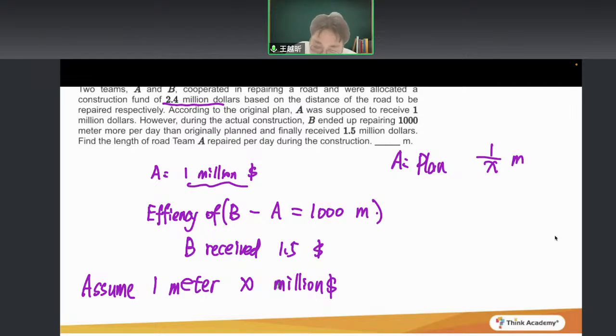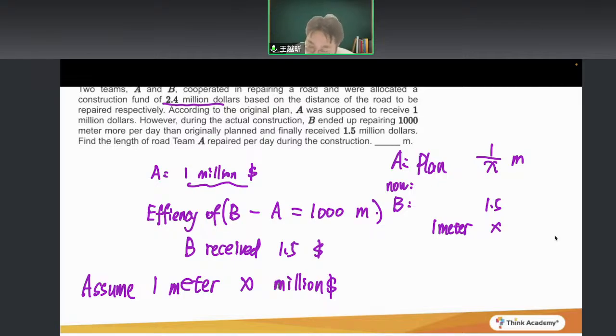And for B, now B will have how many million? 1.5 million dollars, right? So how many meters? 1 meter costs X million. Now X times what becomes 1.5?